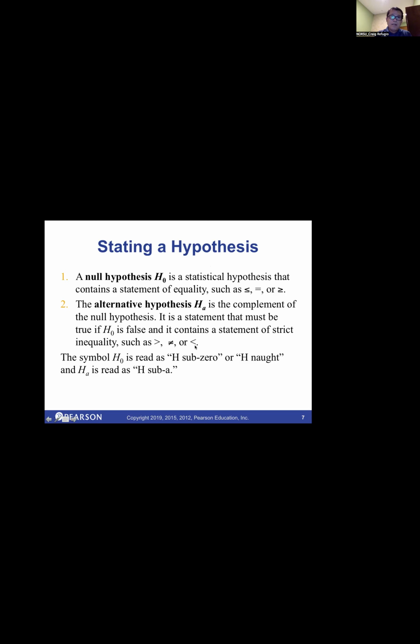You will have a better understanding of these two in the examples that follow after this slide. H0 is pronounced as H sub 0, or just H0. HA can be read as H sub A, or just HA.